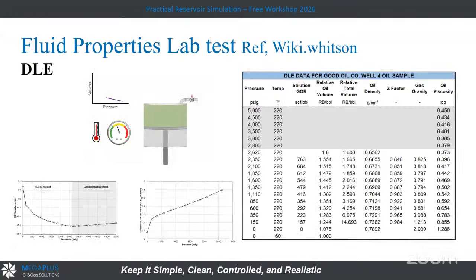So after that, in the lab we also have a second experiment, but this time, in this cell, we make another step. In this animation of the DLE, we decrease the pressure as you see, but I think the animation here is not 100% correct.